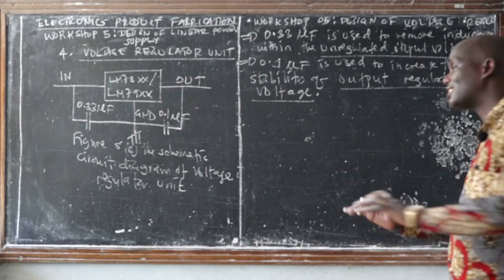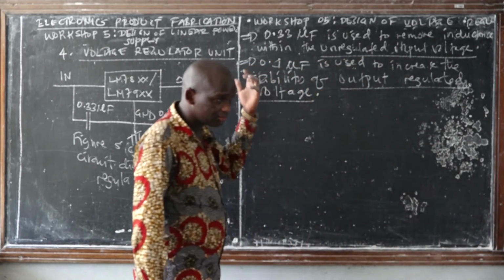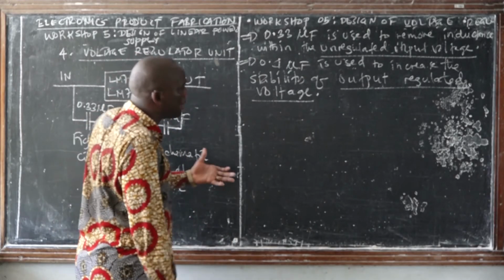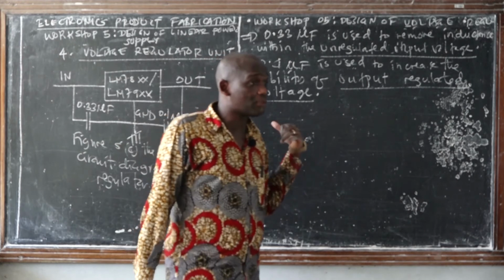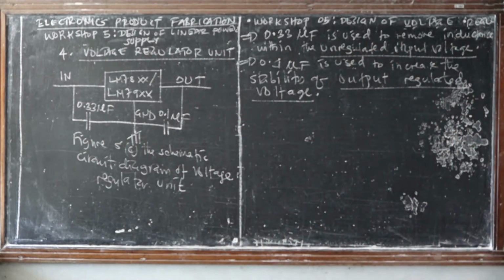So in most cases, the magnetic field we measure in terms of inductance. And why did we talk about inductance? Because remember that the input voltage comes from the step-down transformer, from the secondary coil of the step-down transformer.